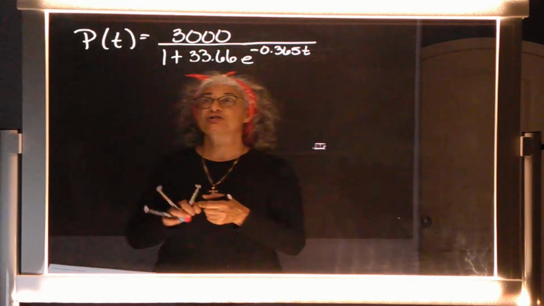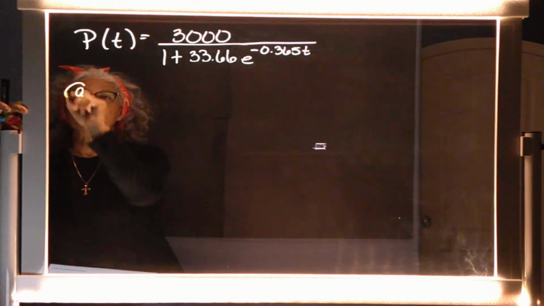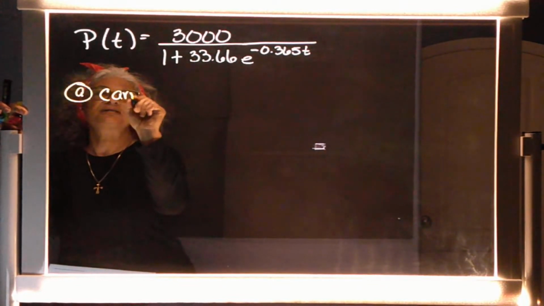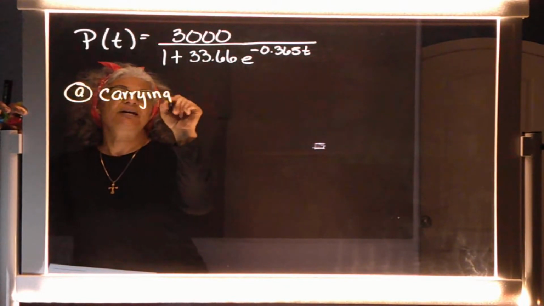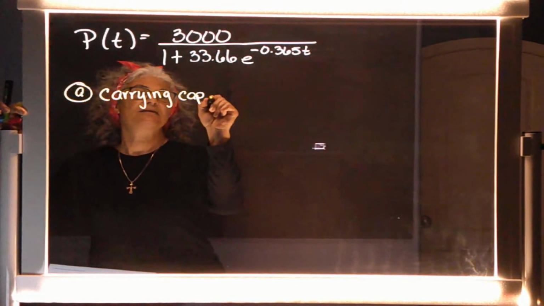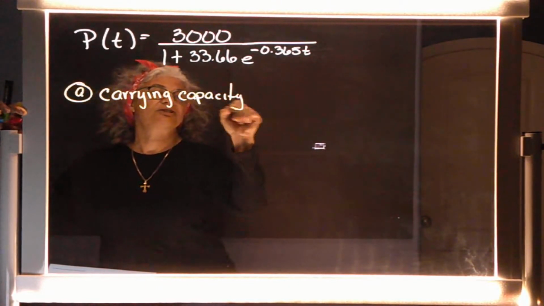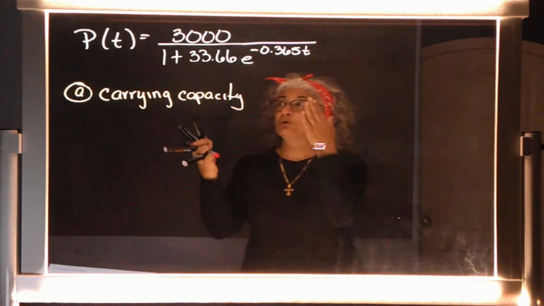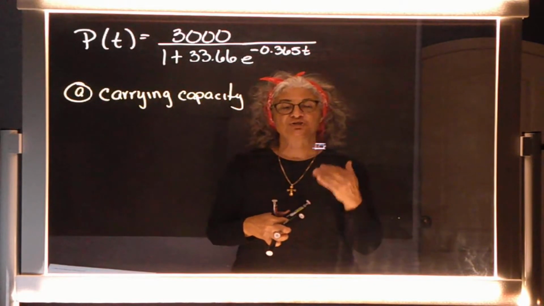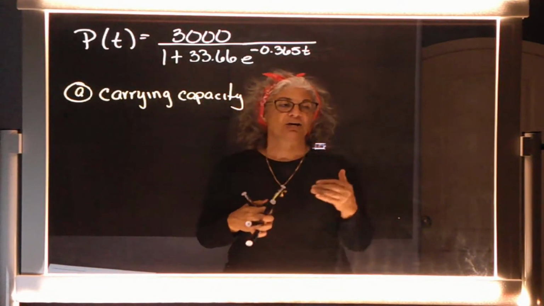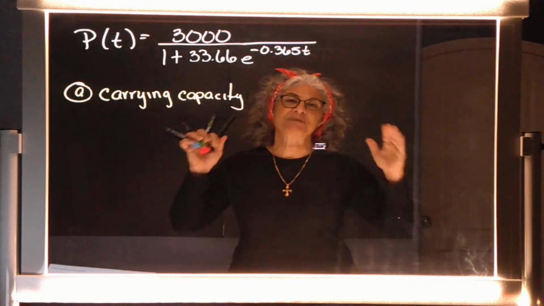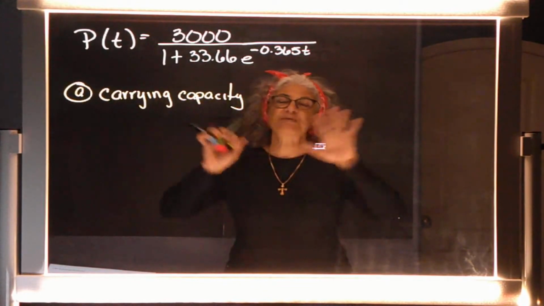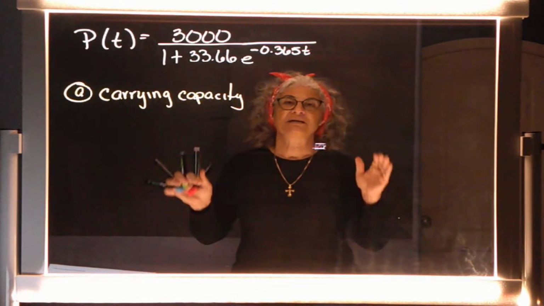So the first question wanted to know the carrying capacity. If they want to know the carrying capacity of this particular bacterium using this model, they're saying, what is the most amount of bacteria that this particular area can hold?